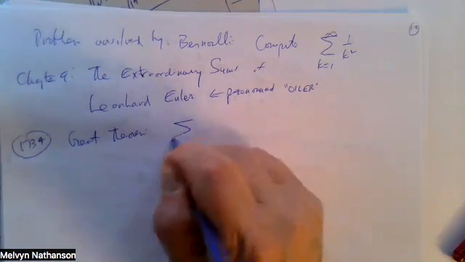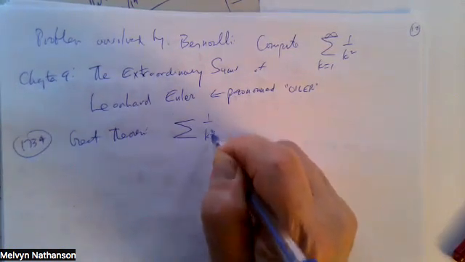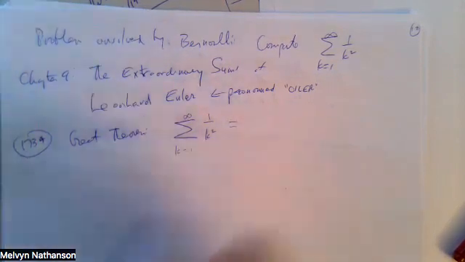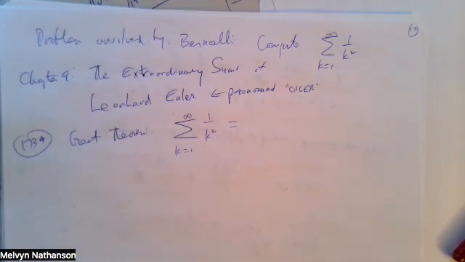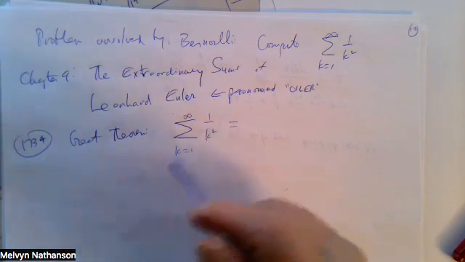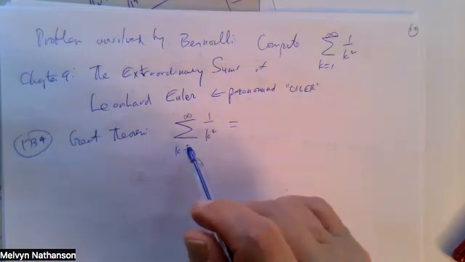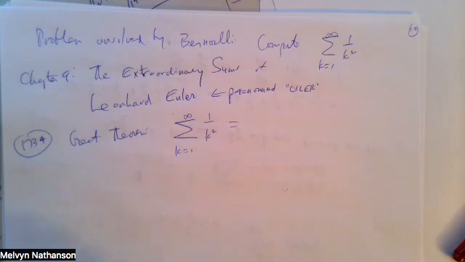The summation of 1 over k squared, k goes from 1 to infinity. He computed exactly what it's equal to. And why it's equal to what it's equal to is a little bit mysterious, because there's nothing geometrical in any obvious way about this, certainly not connected to circles, for example.